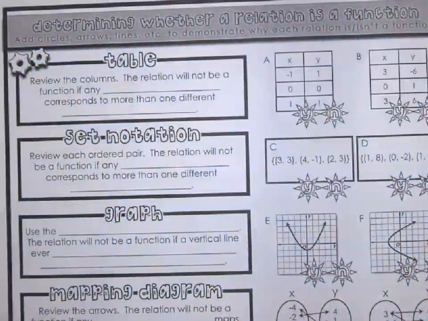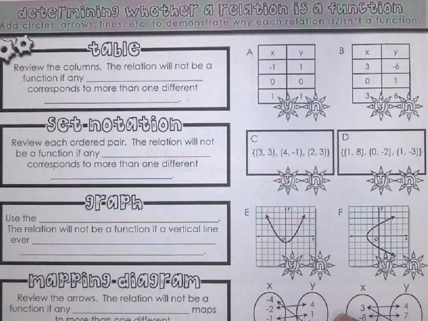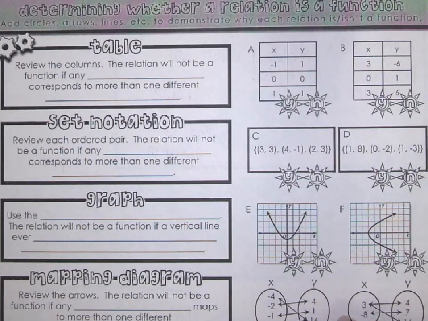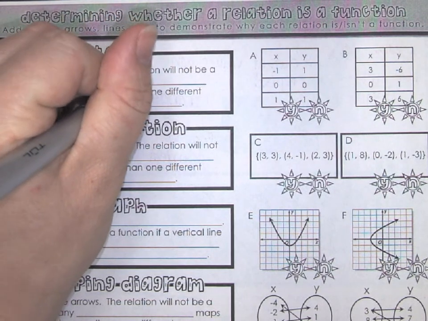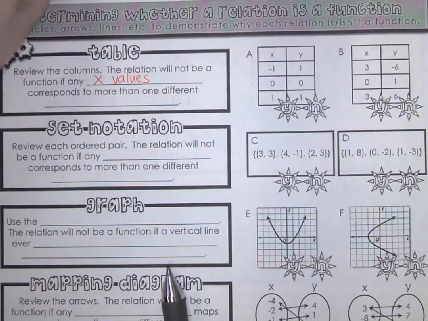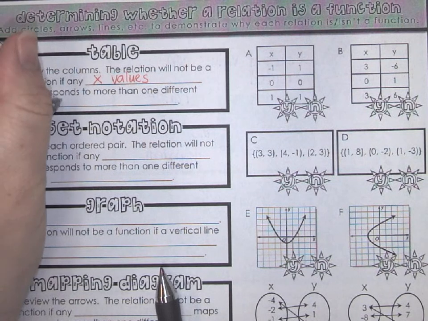Okay, let's do a few more examples on the back, determining whether it's a relation or a function. When you have a table, you're going to look at the columns. The relation will not be a function if any x values correspond to more than one different y value.